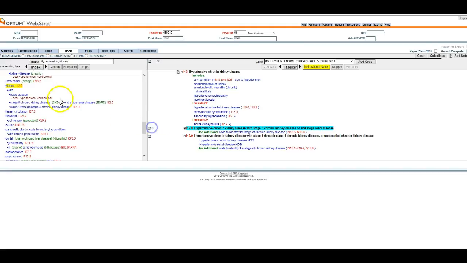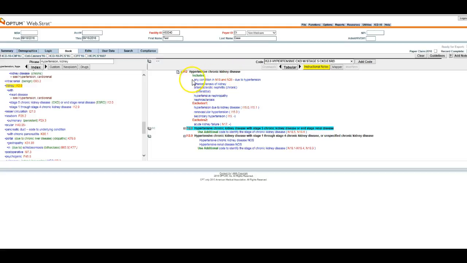Okay. So we have I-12.9. And then we're also seeing additional indentions underneath, as we can see stage 5 chronic kidney disease or end-stage renal disease, and it's giving us I-12.0. So when I look in the tabular list, I am seeing the hypertensive chronic kidney disease.